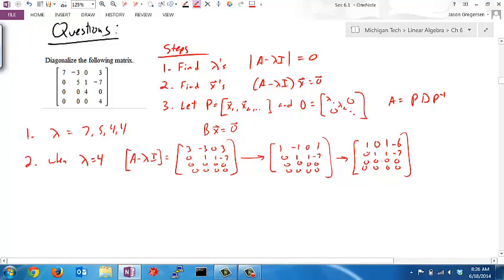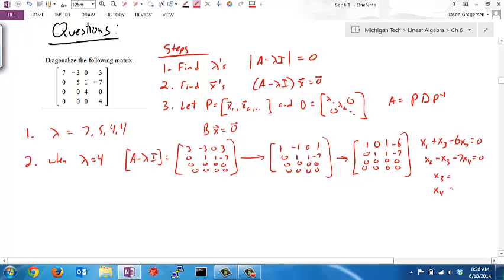So that's my RREF form. It gives me the equations x1 plus x3 minus 6x4 equals 0. The next line gives me x2 plus x3 minus 7x4 equals 0. Then I need an equation with x3 and x4.